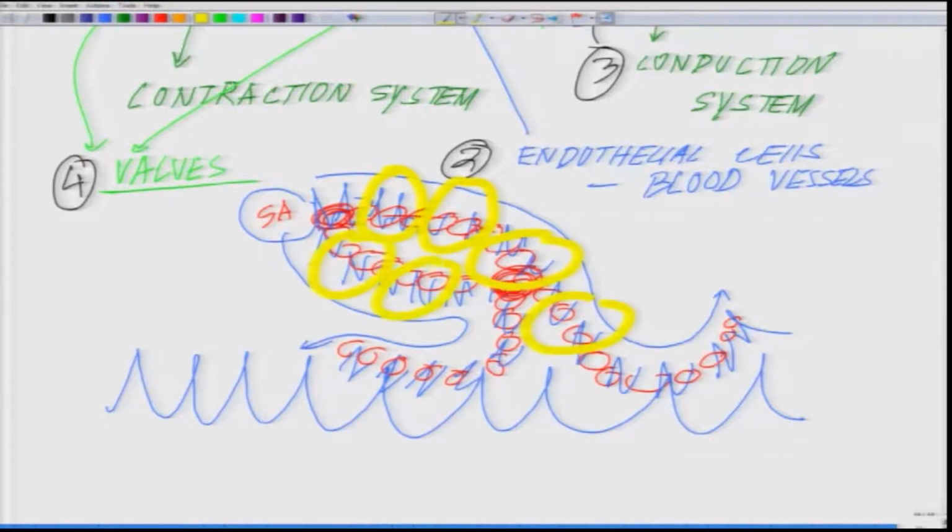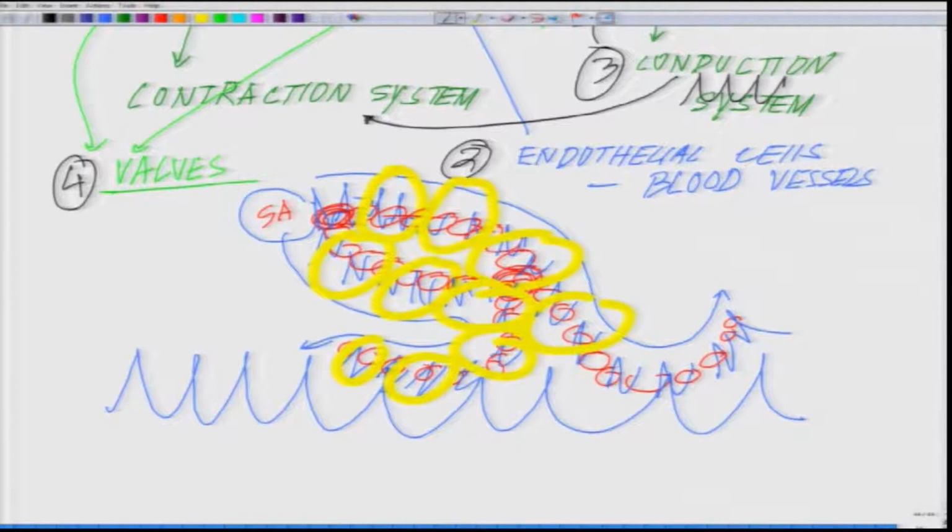This induction effect is transferred to the cardiac myocytes. So from the conduction system, it moves on to the contraction system.